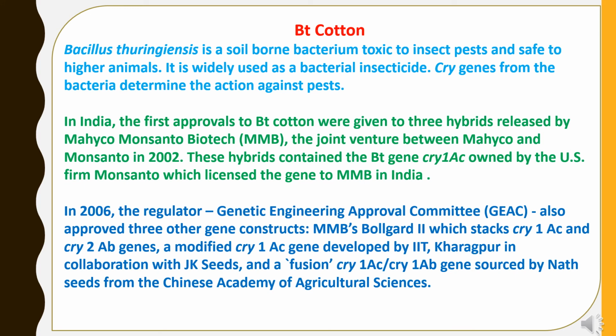In 2006, the regulator Genetic Engineering Approval Committee, GEAC, also approved 3 other gene constructs: MMB Bollgard 2, which stacks Cry1Ac and Cry2Ab genes, a modified Cry1Ac gene developed by IIT Kharagpur in collaboration with JK Seeds, and a fusion Cry1Ac and Cry1Ab gene which was sourced by Nath Seeds from the Chinese Academy of Agricultural Sciences.